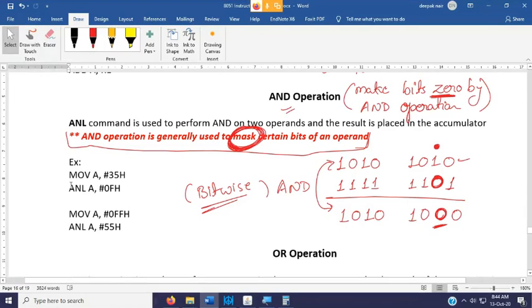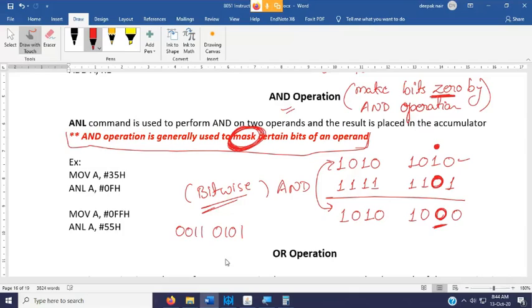Just for example, 35 and F0F. So 35 means 0011, 5 means 0101, and I can forcefully make it 0 with 1111. Clear?